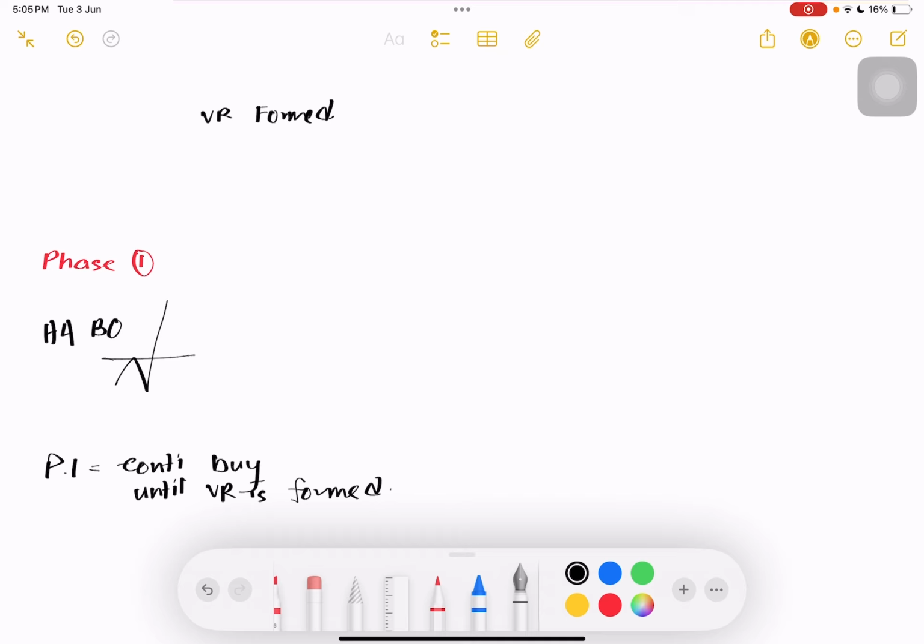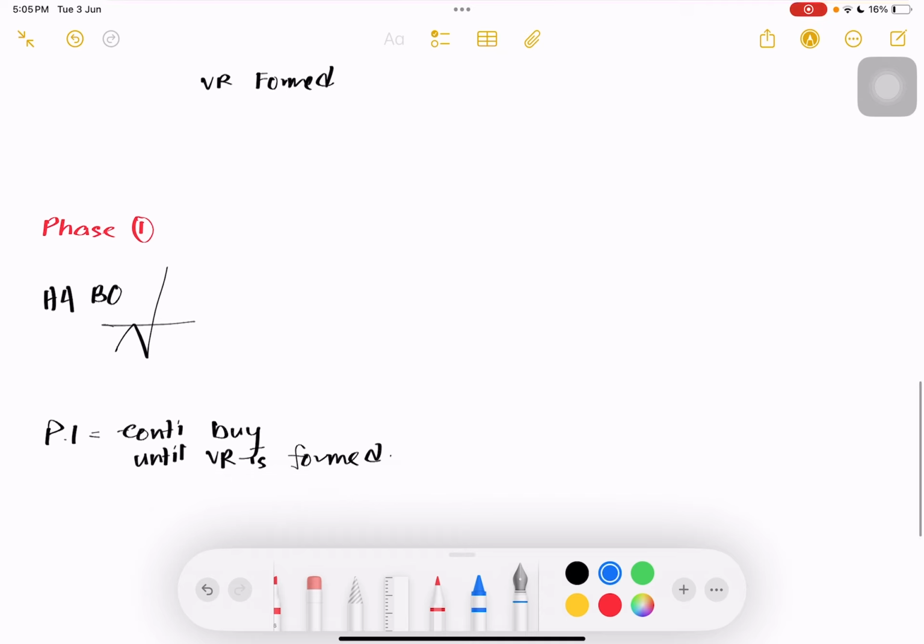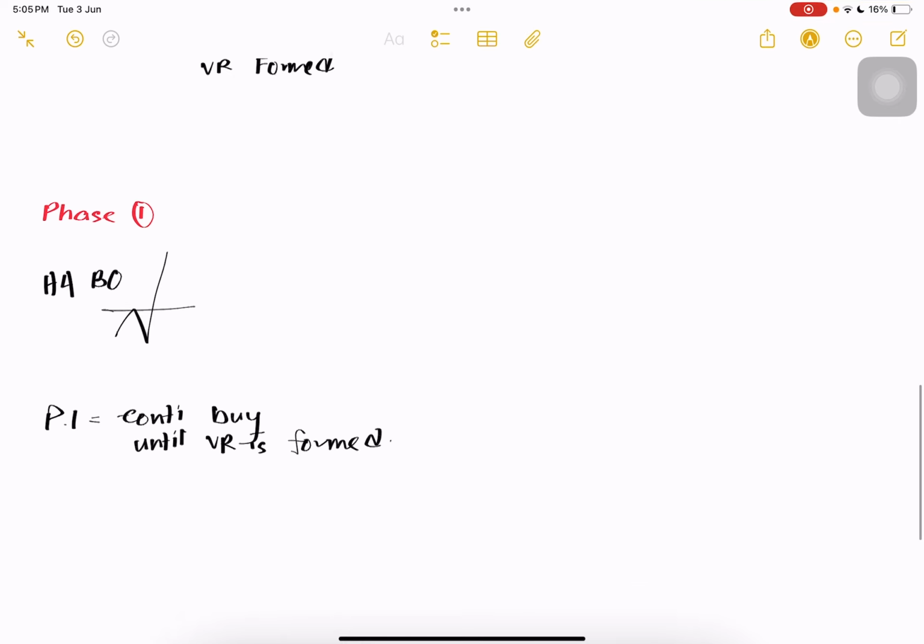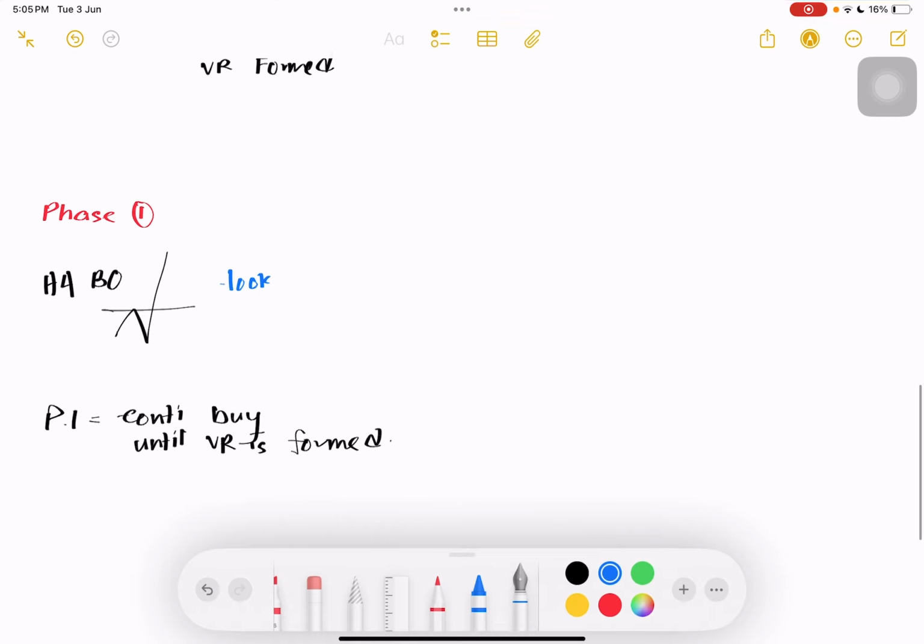For example, like this, H4 backward buy. What I want to do is look for VR at a small time frame.